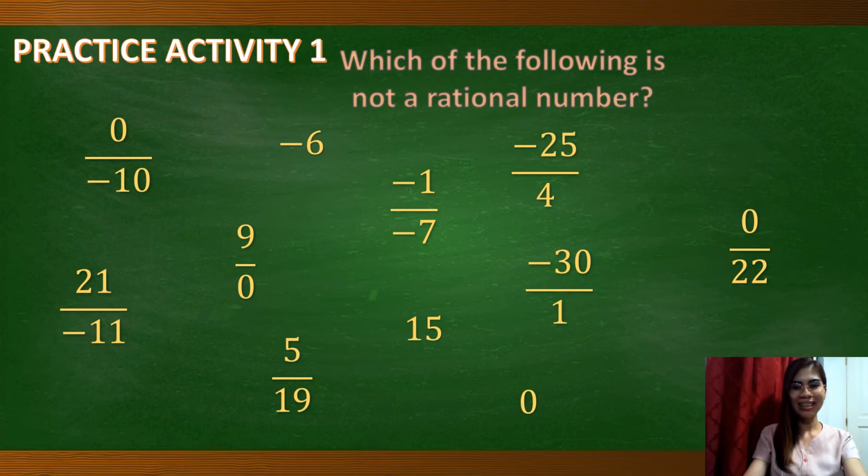Time's up. The correct answer is 9 over 0. If your answer is this one, good job! If you remember, a rational number is in the form of p over q, where your q should not be equal to 0.